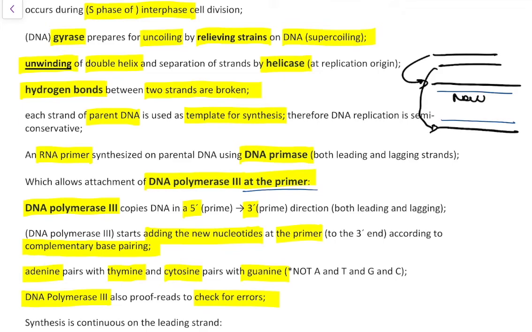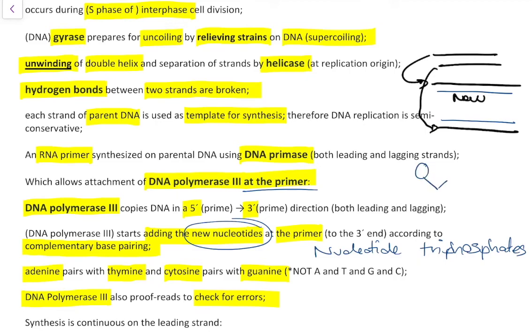Now, one thing to mention here, which is a really high-level thing, is that the new nucleotides are nucleotide triphosphates. A nucleotide, when it's added into DNA, has only 1 phosphate linked to the next nucleotide, the deoxyribose sugar, and the nitrogenous base.